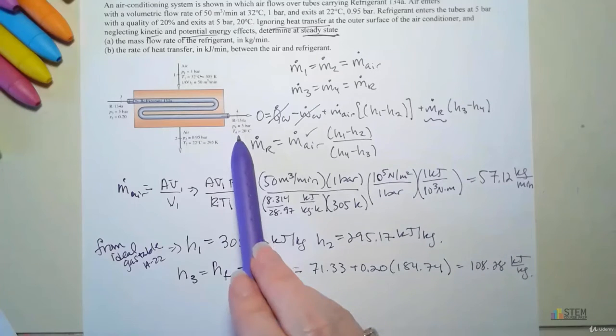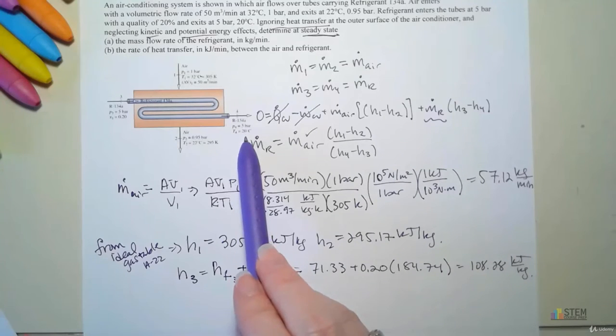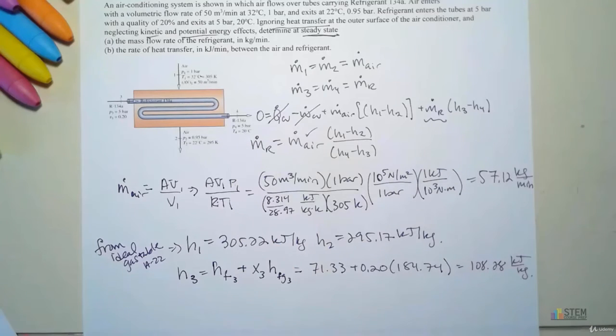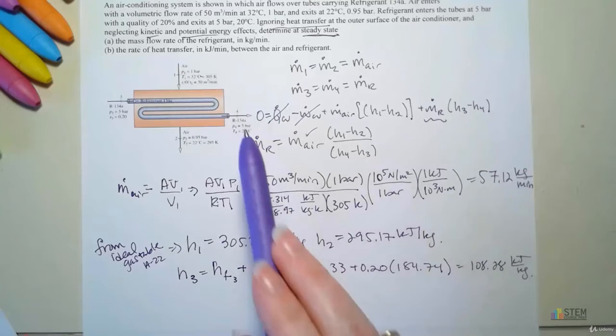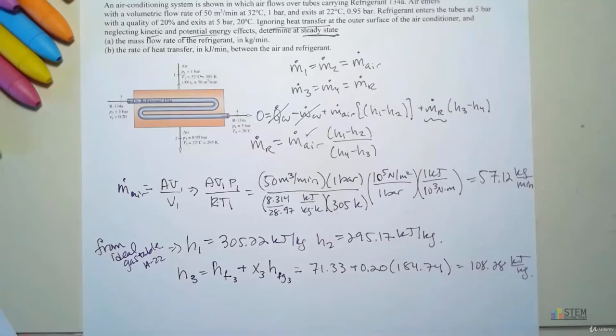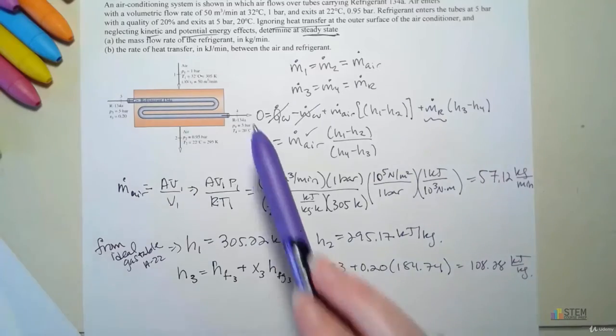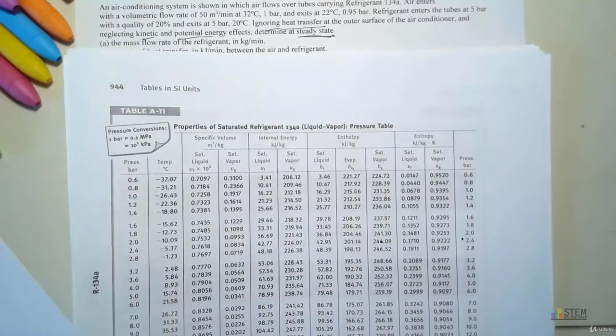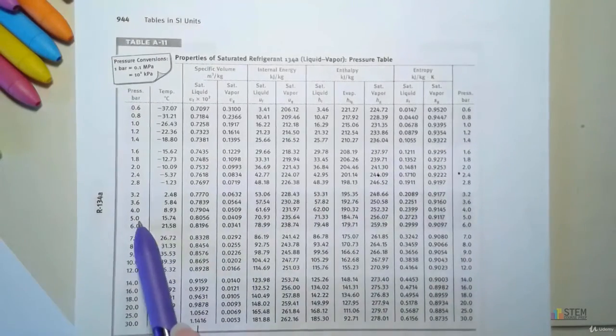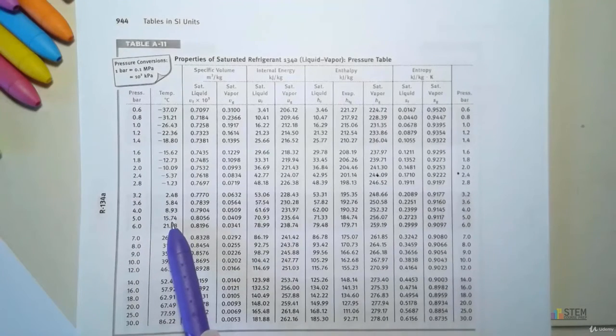And finally, 4.4, we've got pressure and temperature here for this refrigerant. Now, you need to figure out exactly what you've got there. So if you look in the tables, if you look up this pressure in the saturated liquid table, what you're going to get is at 5 bar, so come over here to saturated refrigerant, go to 5 bar, temperature there for the saturation point should be 15.74.